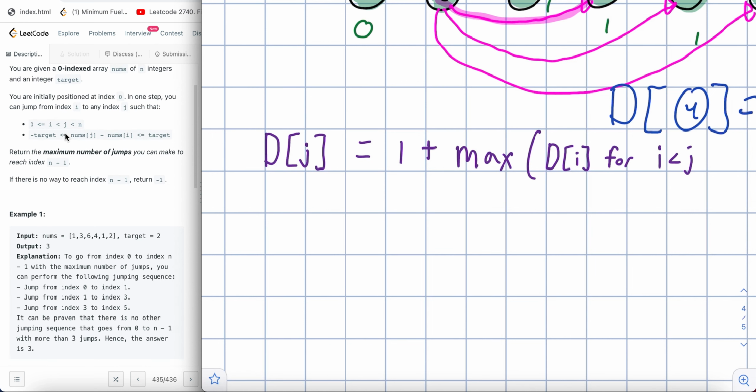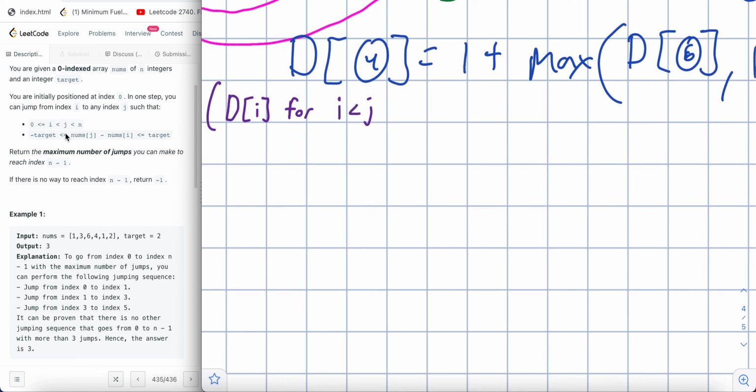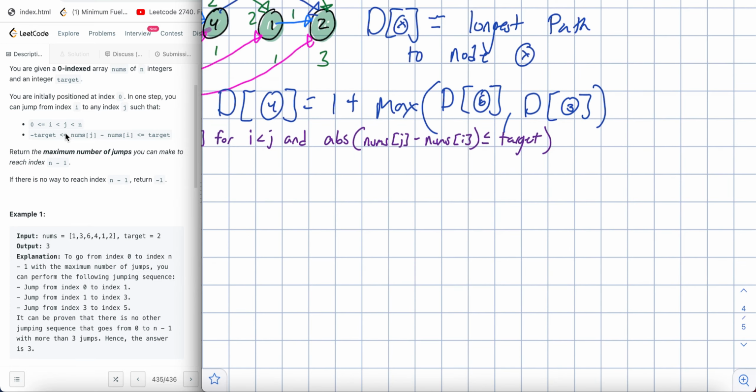And the second constraint is the absolute value of nums of j minus nums of I has to be less than or equal to target. So that builds in the filtering criteria for us.